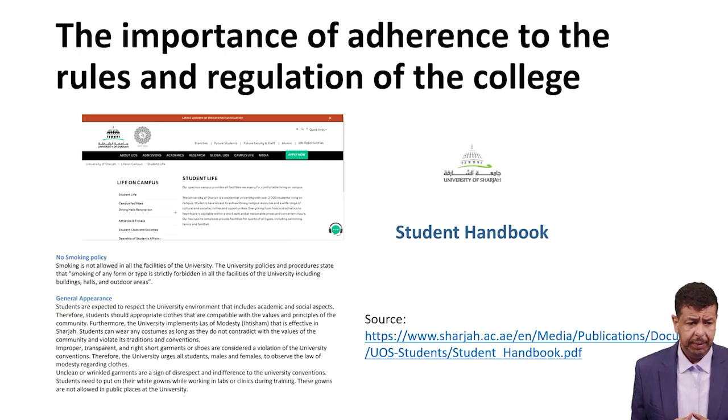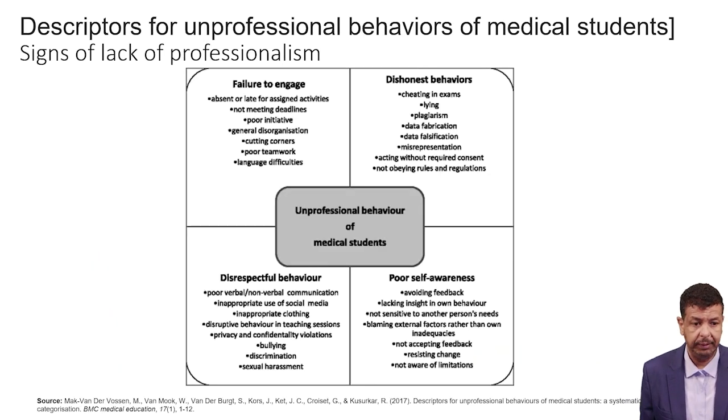We also need to know the examples of non-professional behavior that we should avoid as students. One of them is failure to engage with assignments, missing deadlines, poor teamwork, and so on. Another example of non-professional behavior is dishonest behavior, such as cheating in exams, plagiarism, data fabrication, data falsification, and so on.